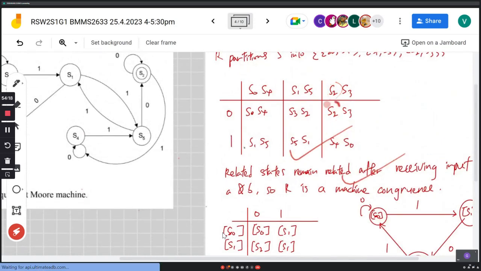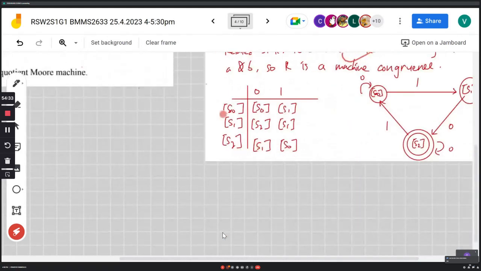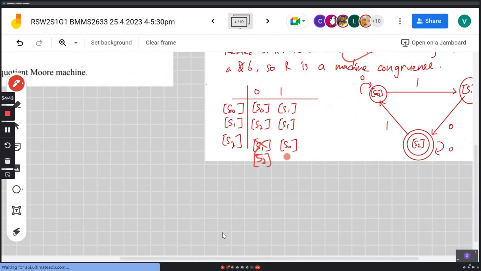S2 after the input 0 is S2, correct? So it should be 2, and this one is 0. So here should be 2, S2 and S4 is S0. So this one is S0.